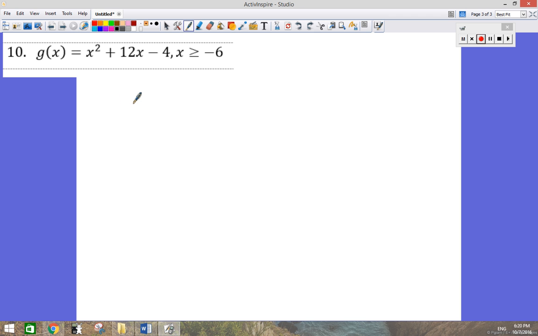So this g of x, I'm going to focus my attention on the first two terms for just a moment. Well, I like the fact that this x squared has a leading coefficient of 1. And I love the fact that the coefficient in front of x, 12, is an even number.